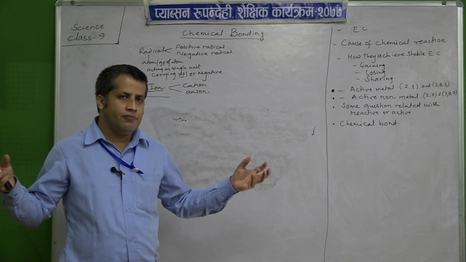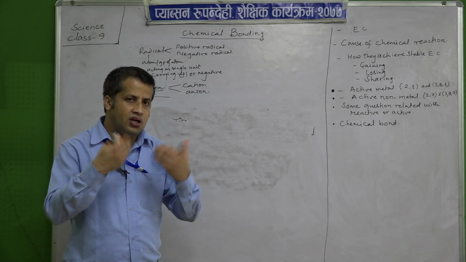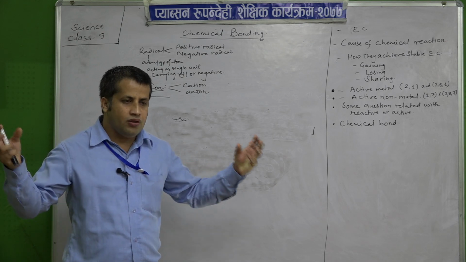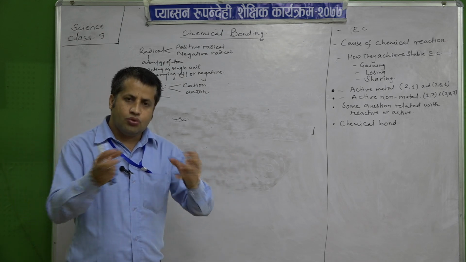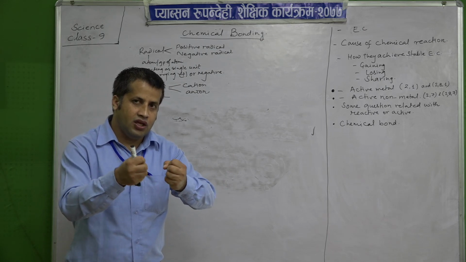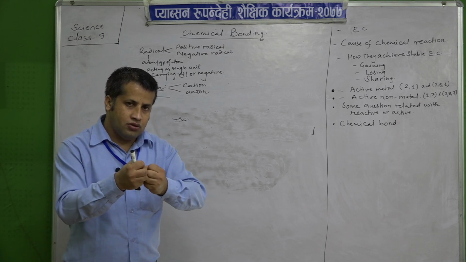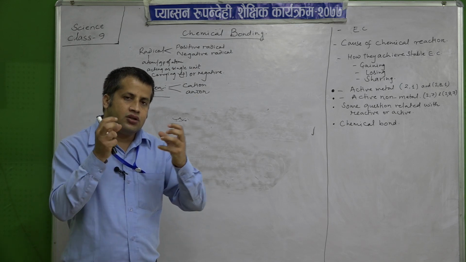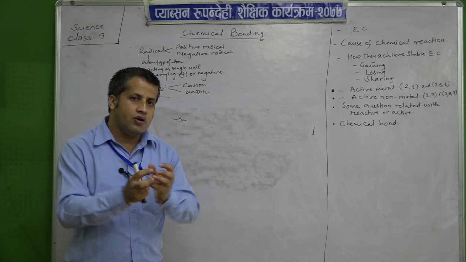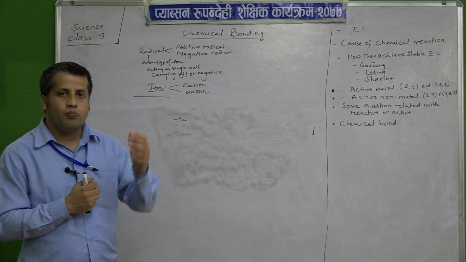So they have to come close to each other, give electrons, gain electrons or share electrons to have a stable electronic configuration. When two atoms come closer to each other, they have to be held together. That force which brings these two atoms together and holds them as a single unit, a compound or a molecule, is called chemical bonding.